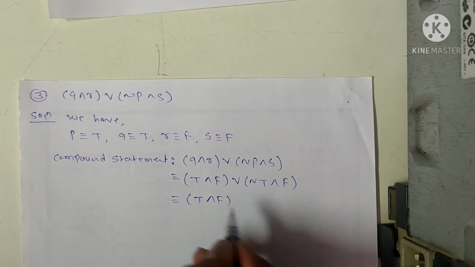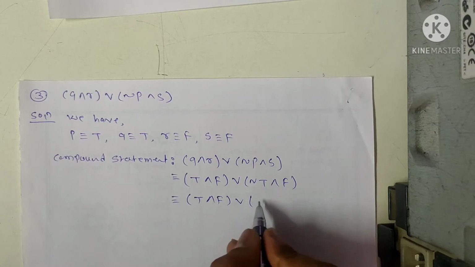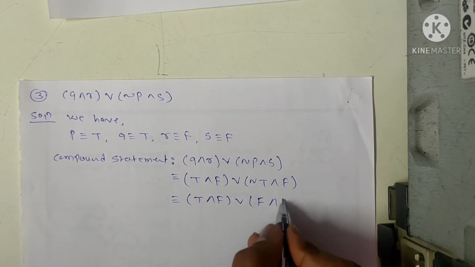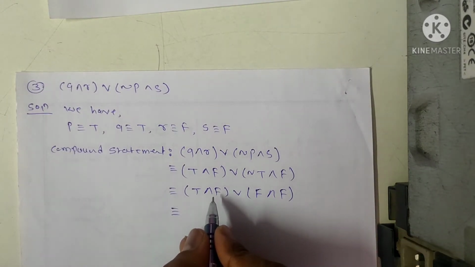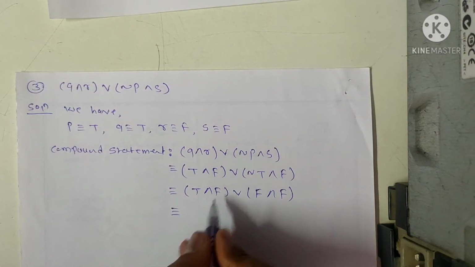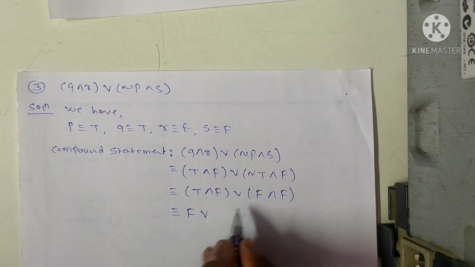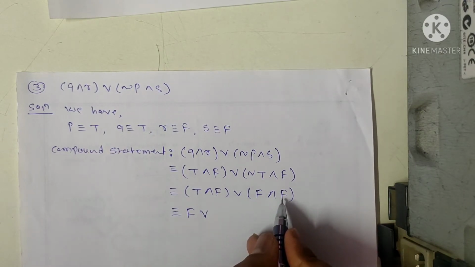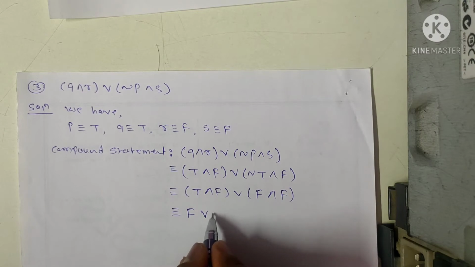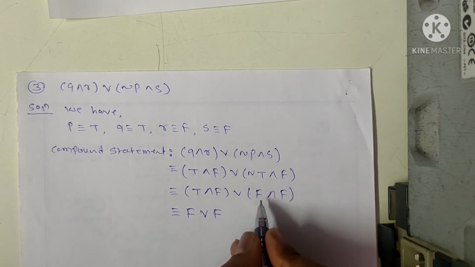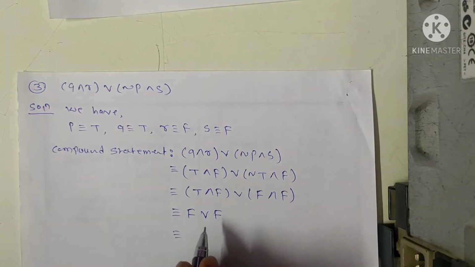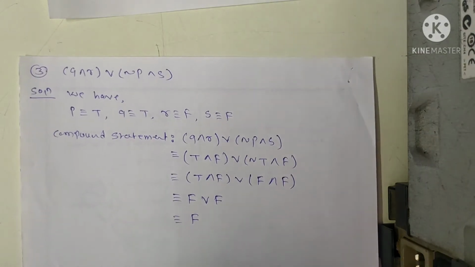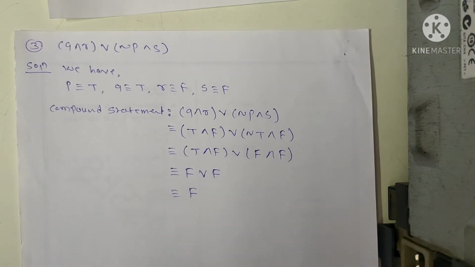T and F, or negation T is F. We know negation T is F. Now T and F: T and T is T, otherwise F, means it is F. Or F and F is F again, because T and T is T, it is in otherwise, logically equivalent. Now F or F is F. Hence the truth value is F.